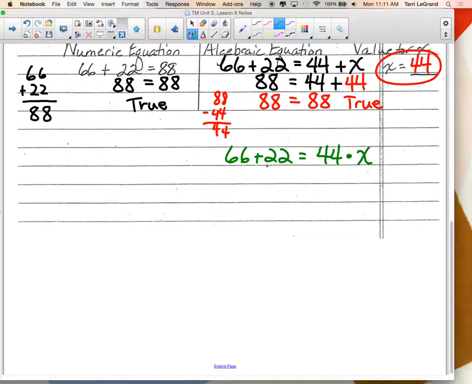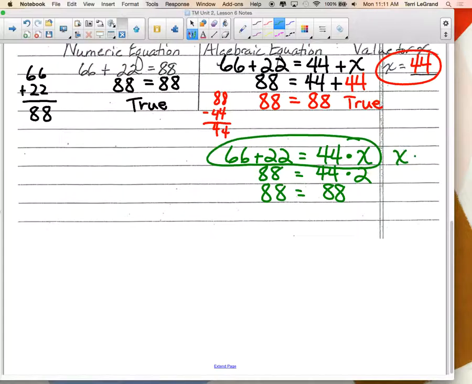And then I would say 88 equals 44 times 2. And then I would have 88 equals 88. And so this time my algebraic equation would have multiplication and x would equal 2. So see, there's going to be all kinds of different ways you can write your algebraic equation.